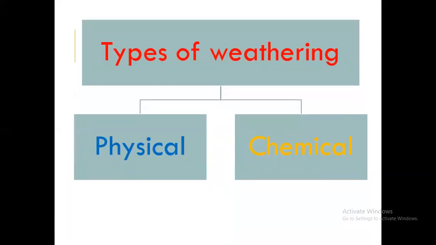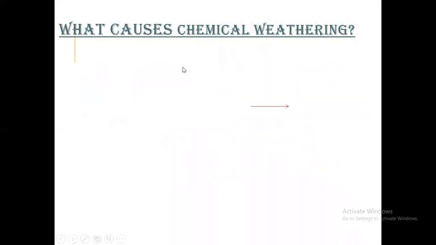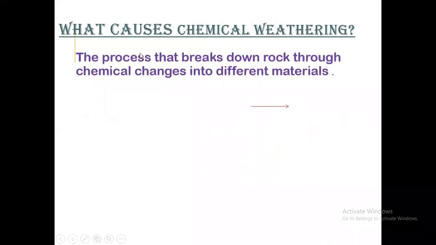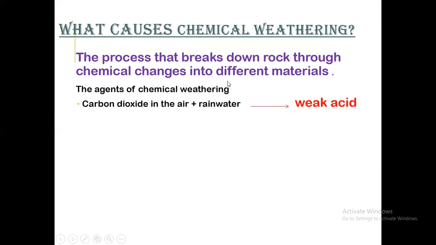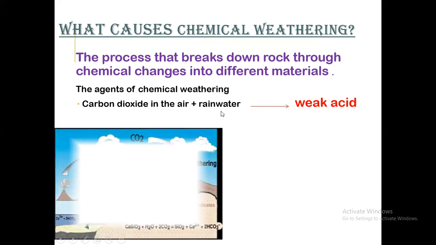We have two types of weathering: physical weathering and chemical weathering. Let's start with chemical weathering. Chemical weathering is a process that breaks down rock through chemical changes into different materials. In this type of weathering, the rock is chemically changed. The agents of chemical weathering are carbon dioxide in the air and rainwater.